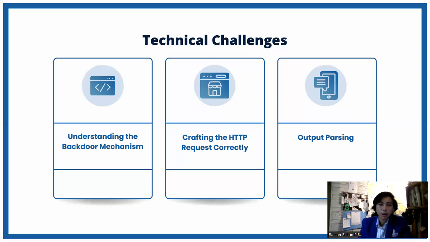The first one is about understanding the backdoor mechanism, because since the vulnerability had been documented, there were resources available about the CVE, but I still had to interpret these resources to understand the technical details of the backdoor.